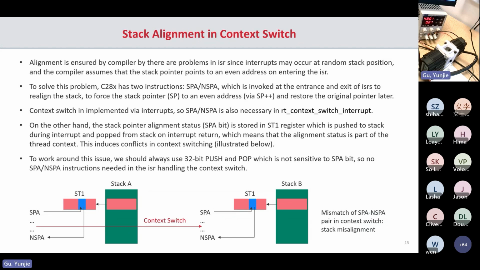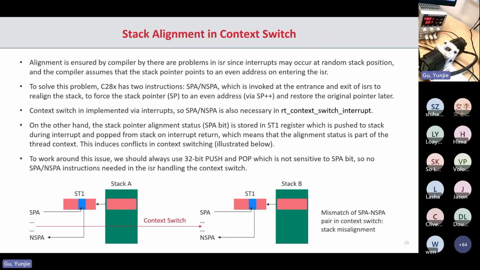So when you switch from 16-bit to 32-bit, you have to leave a gap, and this is maintained by the compiler, which we do not have to worry about. But the problem is when an interrupt occurs, and the interrupt is random, so the compiler does not know whether the interrupt occurs at some gap of the stack.